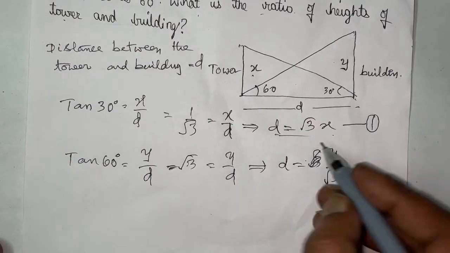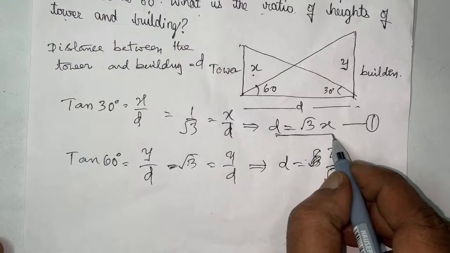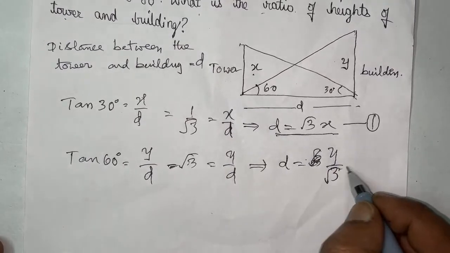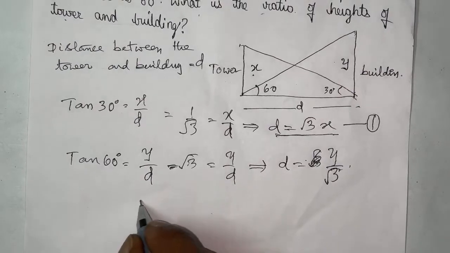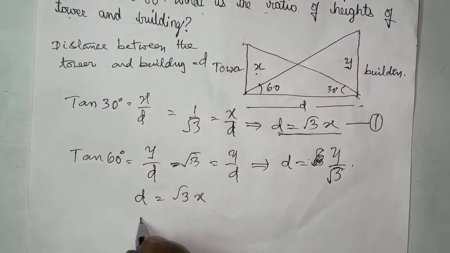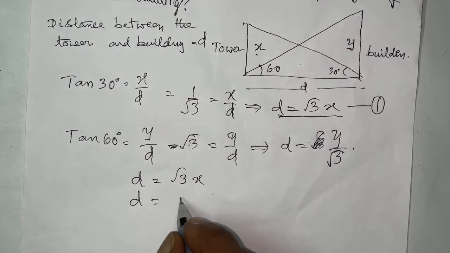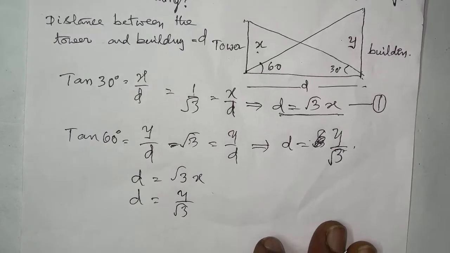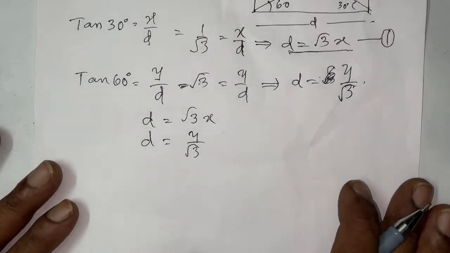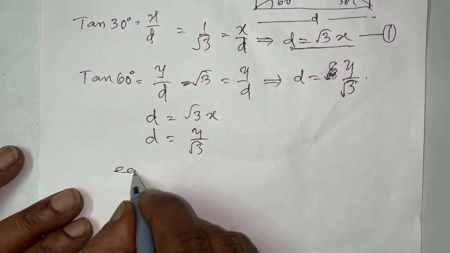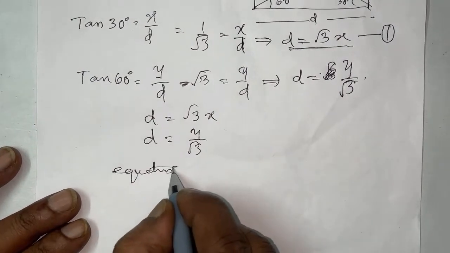See here, the first D value is root 3 X and the second D value is Y by root 3. These two we have to equate.